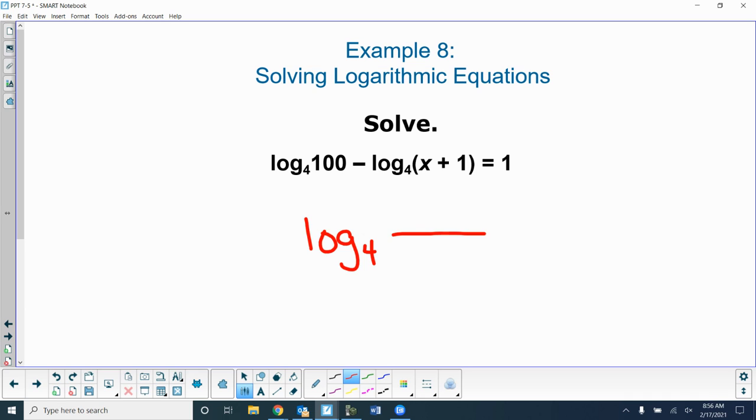What's the division problem? 100 over x plus 1. All right, there's the single log.